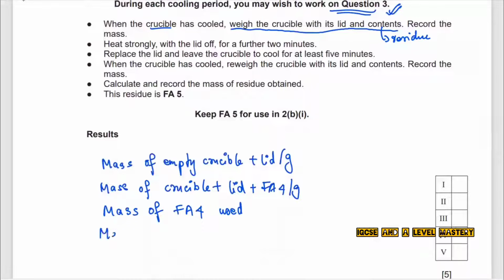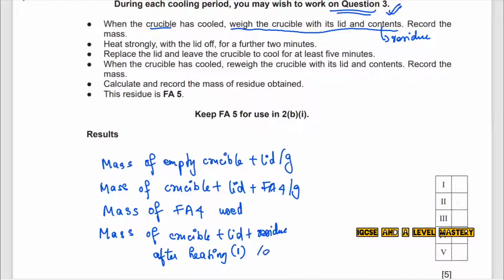So we'll write the mass of crucible plus lid plus residue after heating. This is the first heating, so we will mention that in brackets, after first heating. This is also in grams.